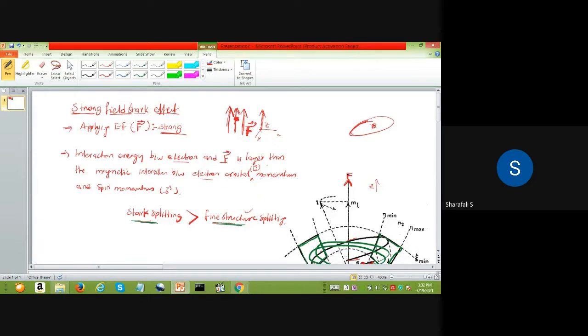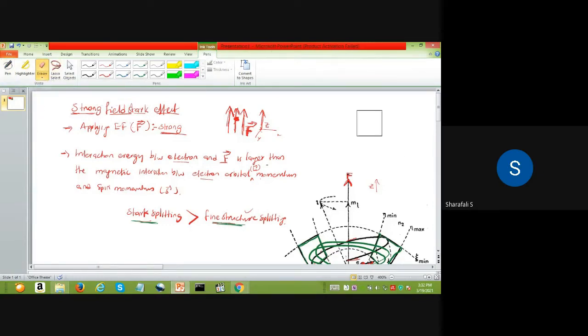But next time, it will choose some different path like this, and the center of mass will be shifted from that initial position. It will have the center of mass somewhere here. Then next time it can choose some other path, and the center of mass will be in a different position. So slightly, the center of mass is going to be different because of that external electric field.